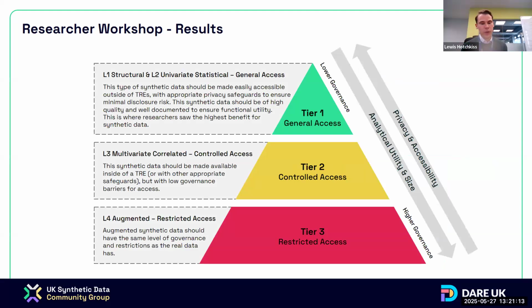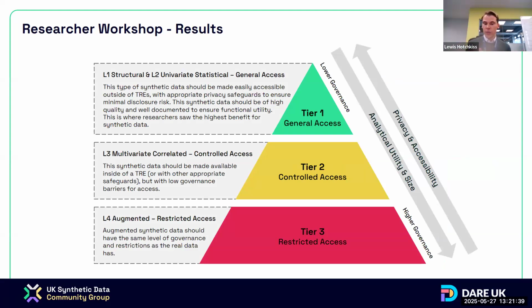Now, from these results, it was also clear that we need different levels of governance depending on the fidelity levels of synthetic data. So for this tier 1 governance level, this is for the lower levels of synthetic data, the structural or univariate ones, which should be made easily accessible with maybe just a user agreement for researchers to be able to easily access outside of trusted research environments.